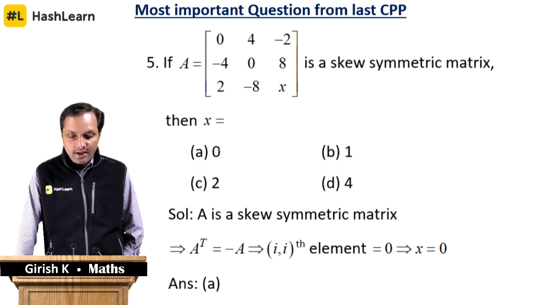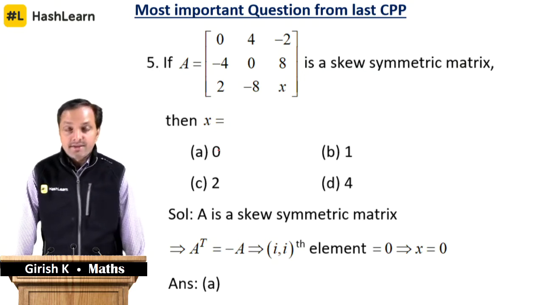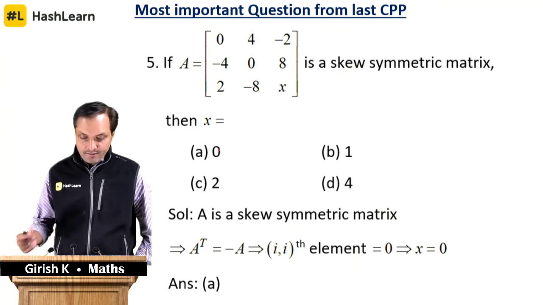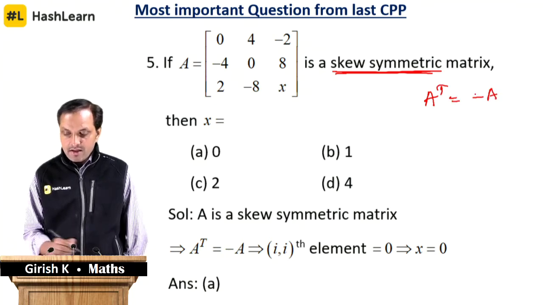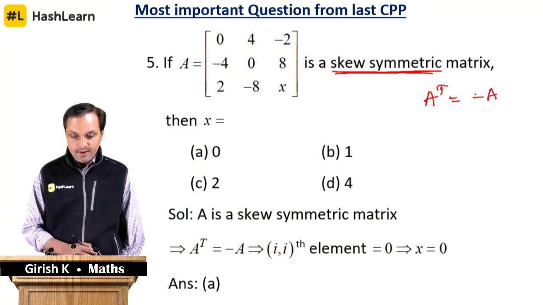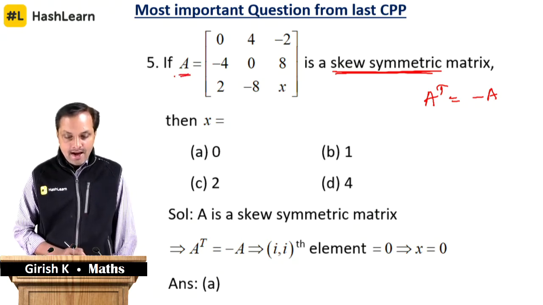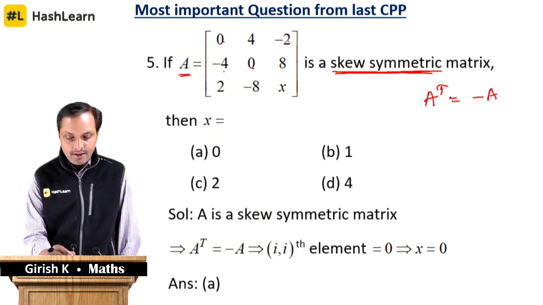A is a 3 cross 3 matrix, with 3 rows and 3 columns, given as a skew symmetric matrix, and they are asking you to find the value of X. You all know that the definition of a skew symmetric matrix is A transpose is the same as minus A. Once you identify matrix A as 0, 4, minus 2, minus 4, 0, 8, 2, minus 8 and X.